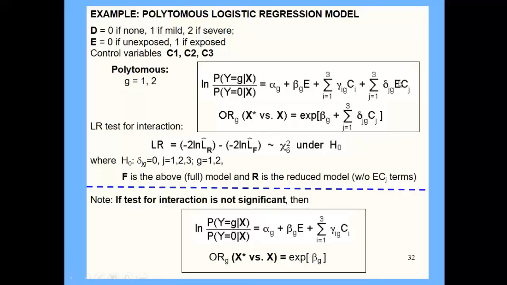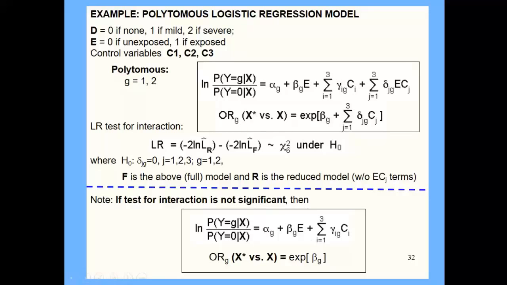And if it turns out the test was not significant, and you went through the modeling strategy we talked about, went backward, and decided there was no interaction when you did the chunk test, then the reduced model would look like this. It doesn't have any product terms in there.